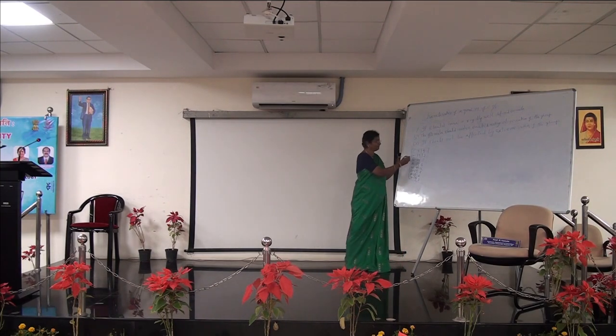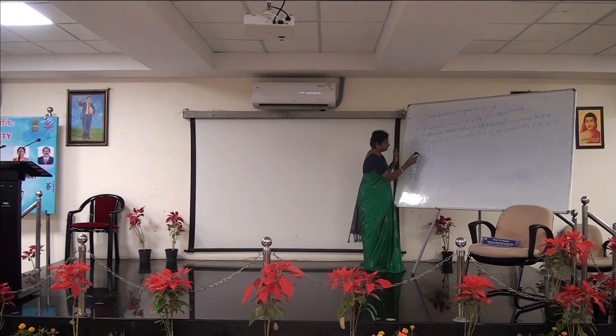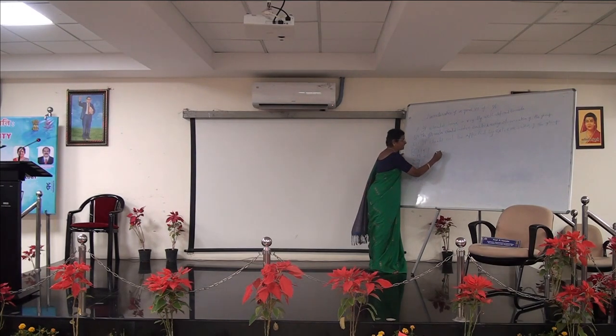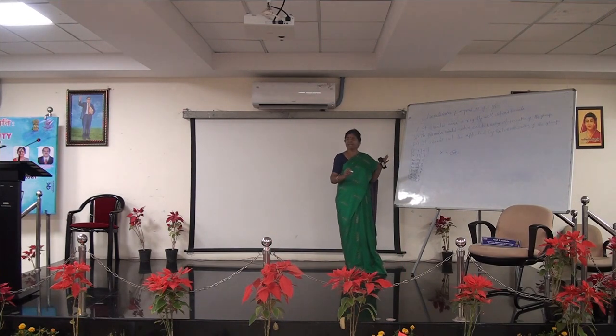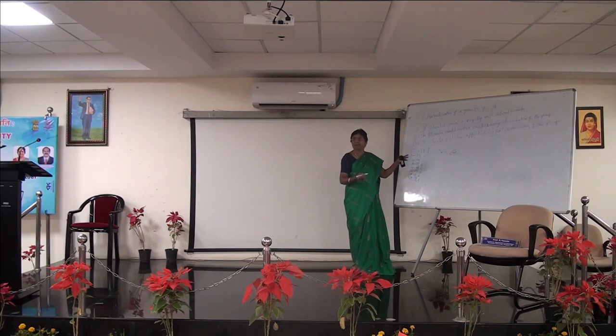But imagine that here in between 10 and 19 there are 12 students, and suppose the mean, X bar, comes as, for example, 48. What does it mean? X bar is nothing but mean.